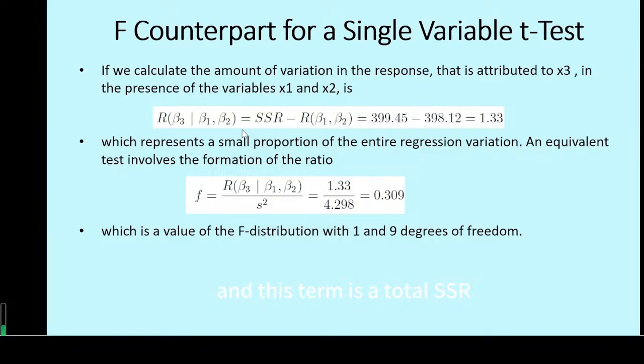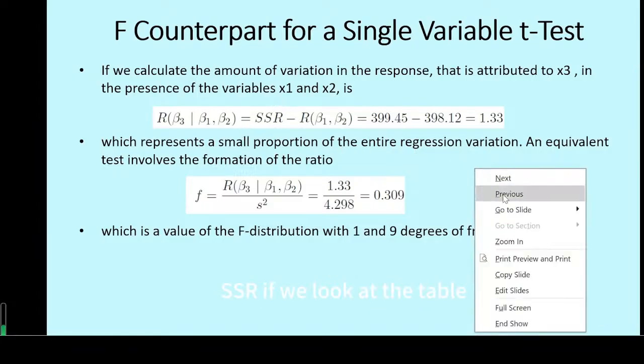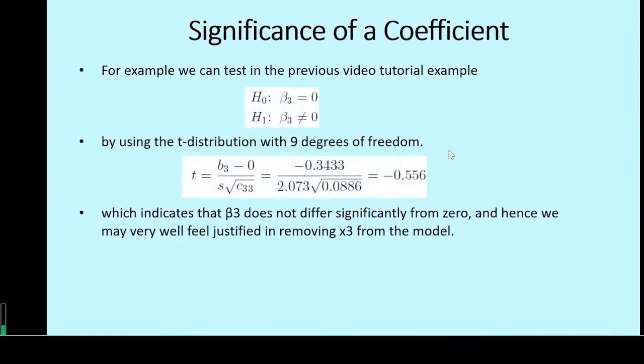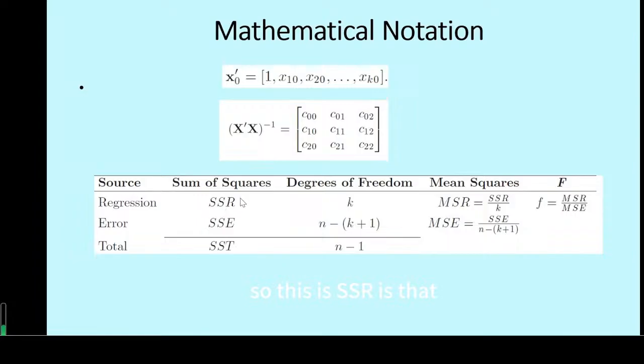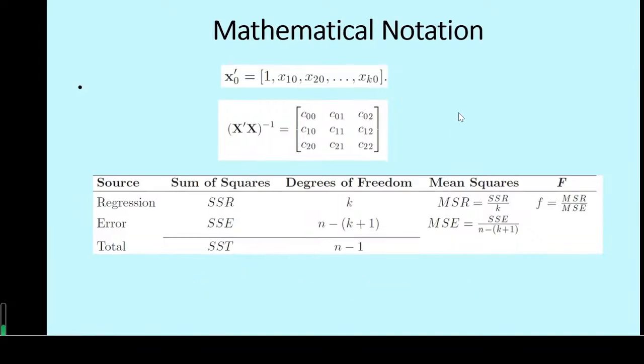This term involves the total SSR. If we look at the table, this is the SSR: we include 3 variables in the model, and this model can explain a certain percentage of the variation of the total SST of the response.